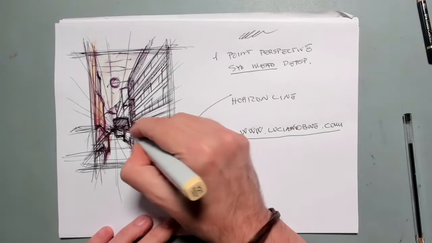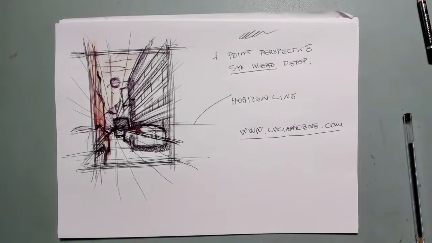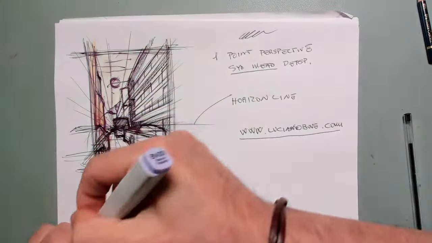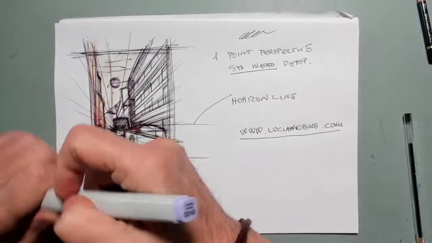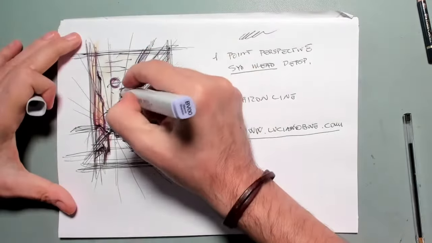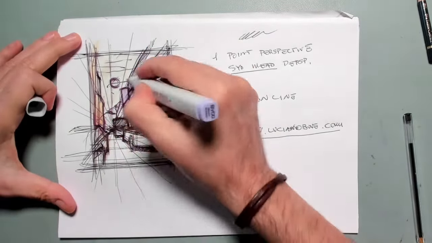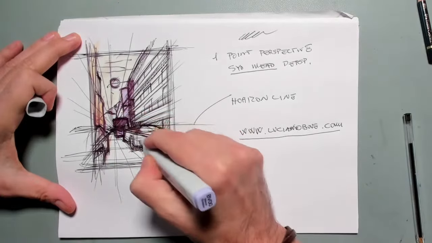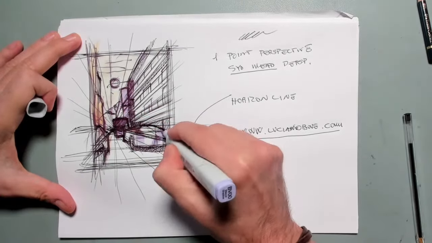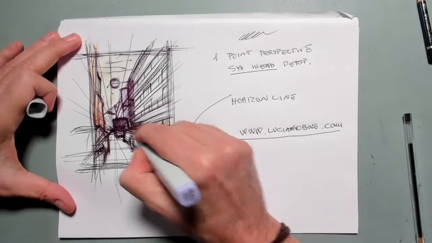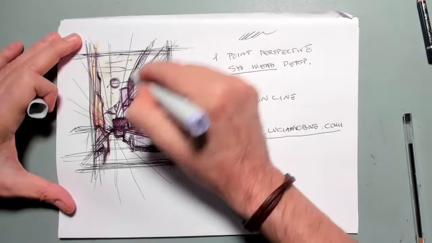Also a little bit there. And then use a cool color. I will check. Yes, I found it. And then use a cool color for what is in shadow. Like this one, you see? And here too.